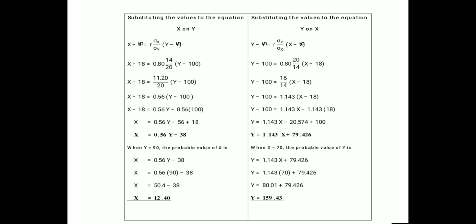In the same way, we calculate the value of y based on the value of x. All the values that we used in the x on y equation will be inverted, or opposite in nature, in the case of y on x. That is, y minus 100 is equal to 0.80, the correlation coefficient, which remains as it is, but the standard deviation of x goes to the denominator and that of y comes to the numerator, multiplied by x minus 18.